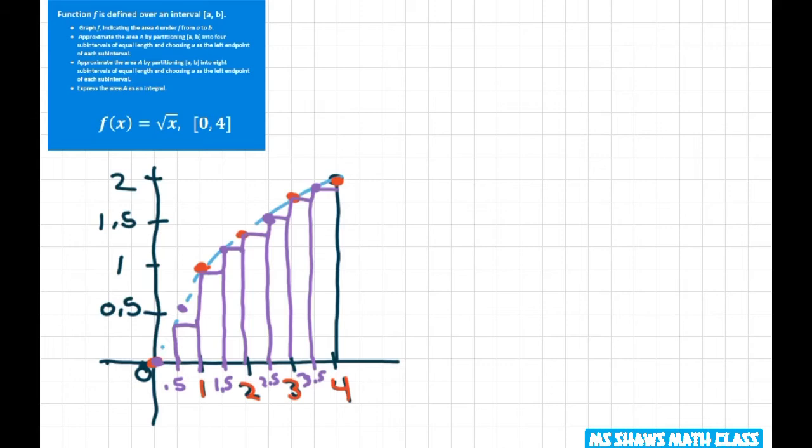Okay, so there we go. There's our intervals. We start at the left endpoint, 0, and go to 3.5. In this case, our base is 1/2, because 4 minus 0 divided by 8 gives you 1/2.